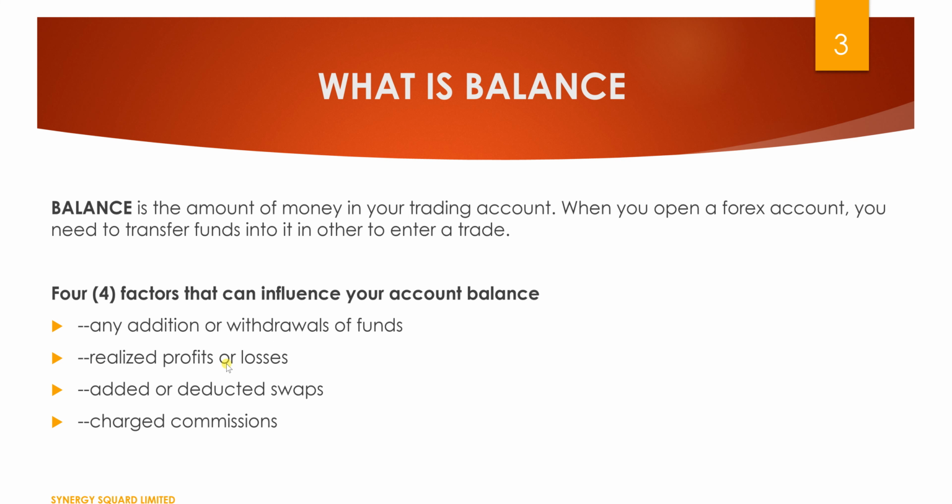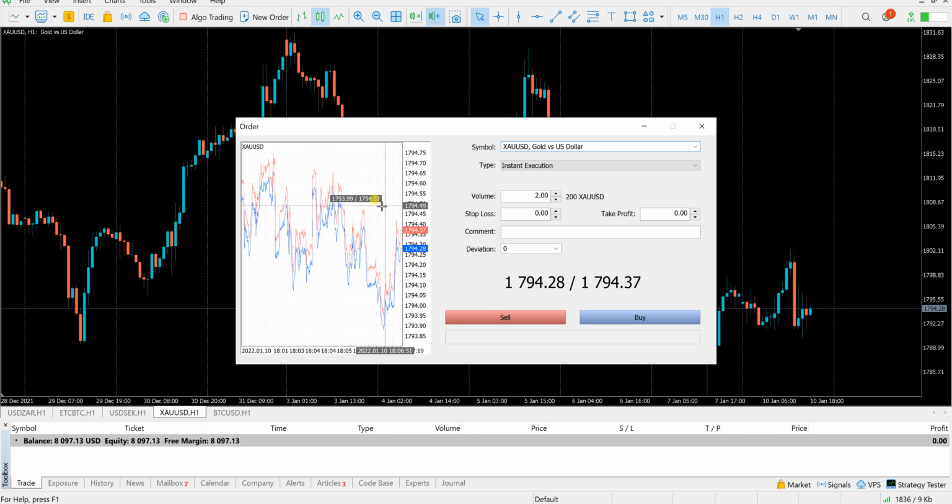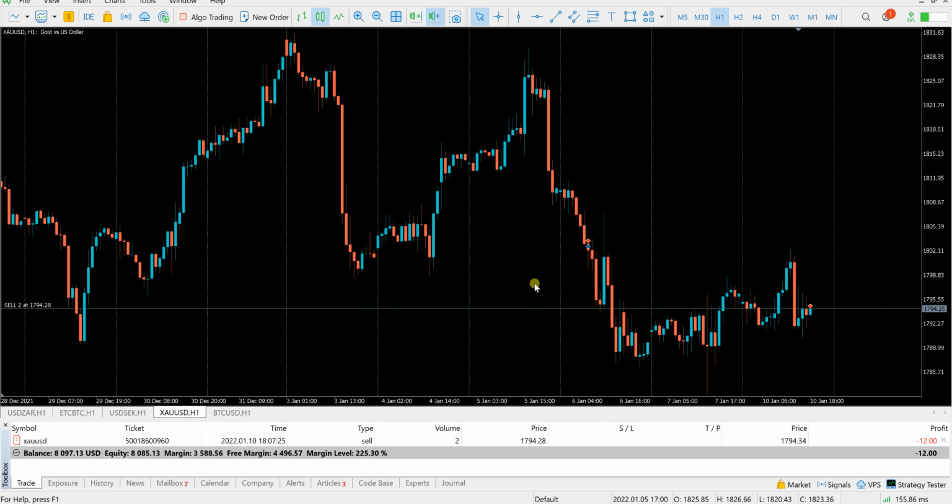This is when there is an open position in the market, at the end of which you either make a profit or a loss, which will either add to your balance or reduce from your balance. As an example, we will want to open a position, and to this we will sell gold at that very lot size.